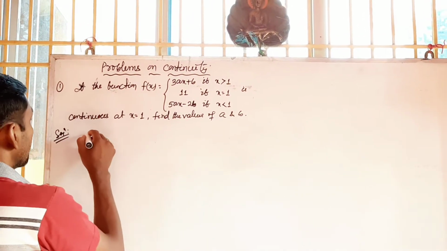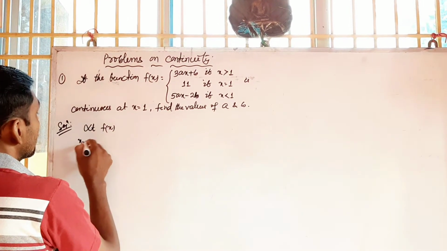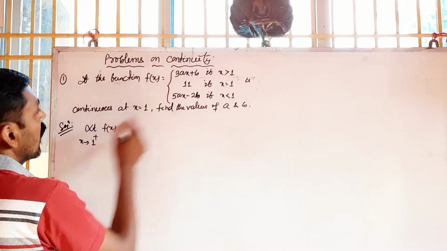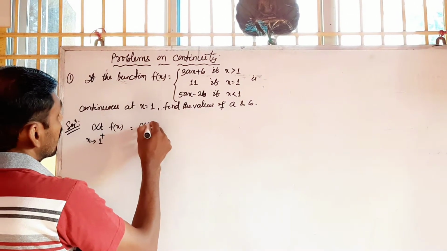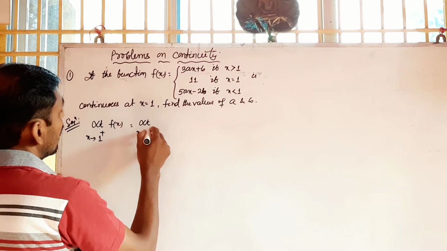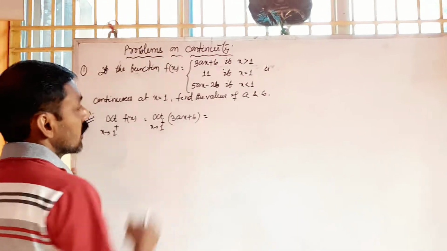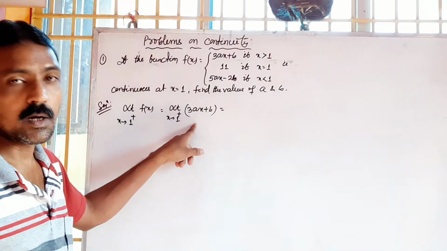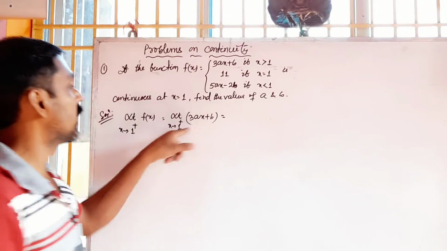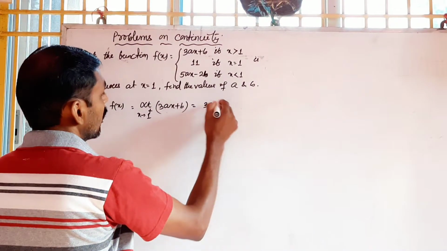So here first we will find limit of f of x as x tends to 1 plus, greater than 1. So it is limit x tends to 1 plus, for x greater than 1 the value of the function is 3ax plus b. Now it is a polynomial or algebraic function, so we can put the value of x equal to 1 directly here. This is 3a plus b.